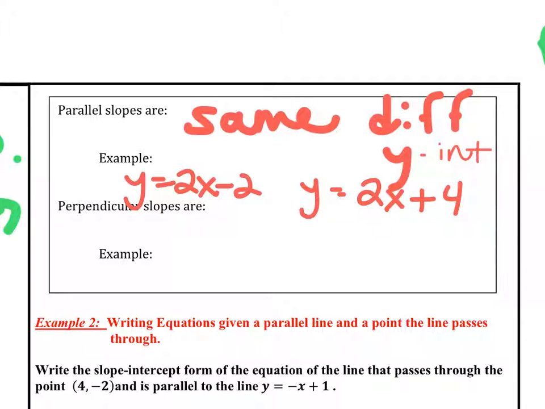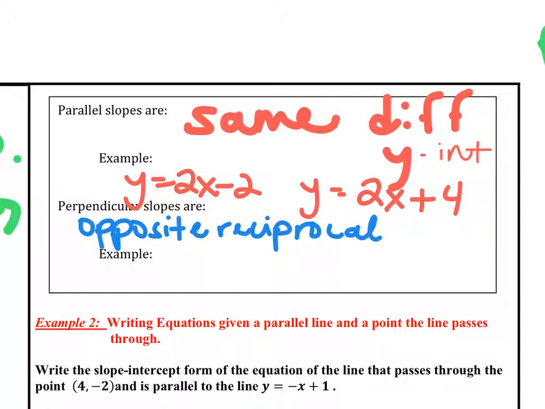Perpendicular slopes are a little bit different. We could do it on a graph, but we don't have a lot of time today. Perpendicular slopes have to be opposite reciprocals. It doesn't matter about the y-intercept.